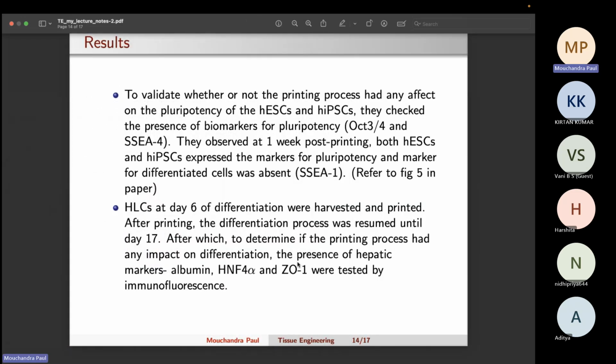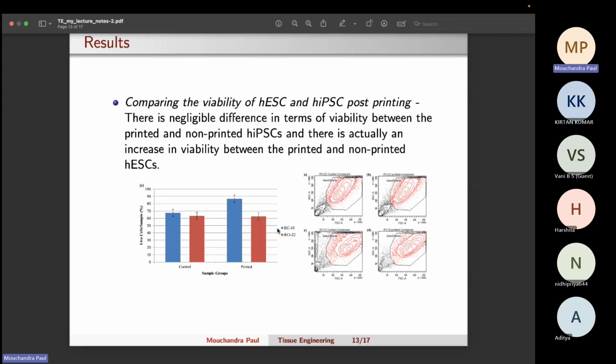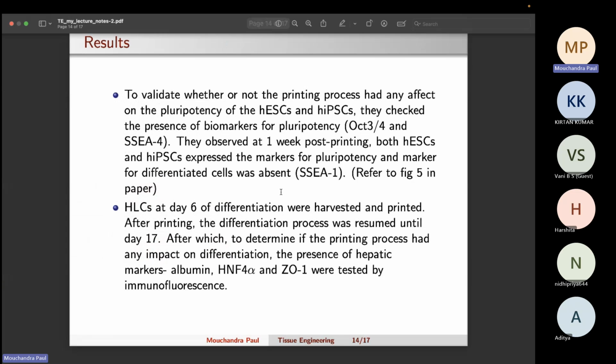Now, to validate whether the printing process had any effect on the pluripotency of the embryonic stem cells as well as the induced pluripotent stem cells. In the previous result, they have shown that there is no effect of the printing process on the viability of these two types of stem cells. The next result shows whether the pluripotency, that is the ability to differentiate into multiple types of cell lineages, is intact or not.